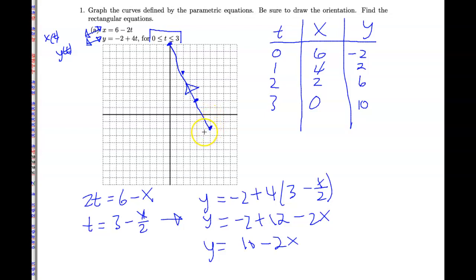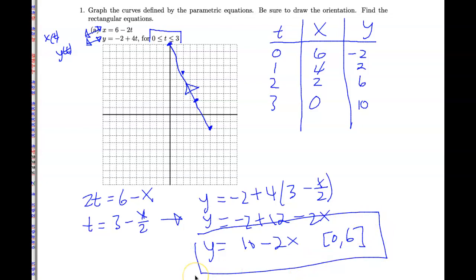So if x is 6, 10 minus 12 is -2. So the domain is 0 to 6. And so the answer would be y equals 10 minus 2x for x between 0 and 6.